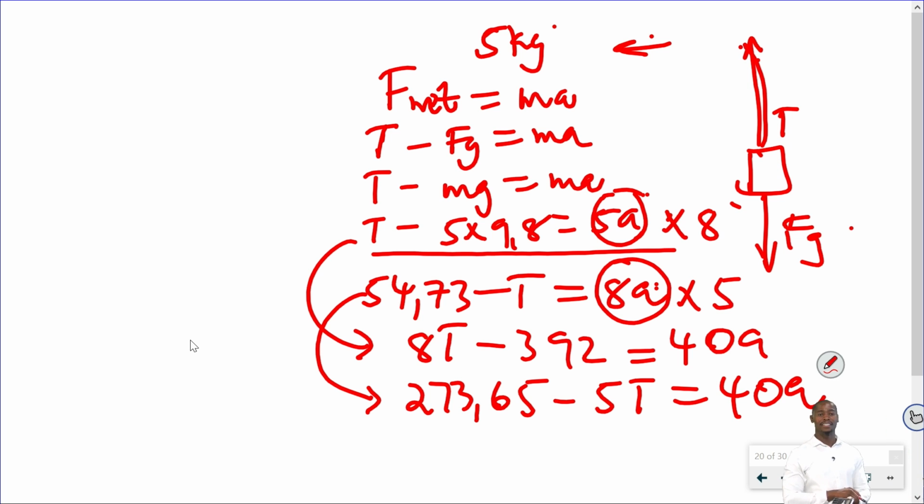So you can see that both equations equal 40a, right?